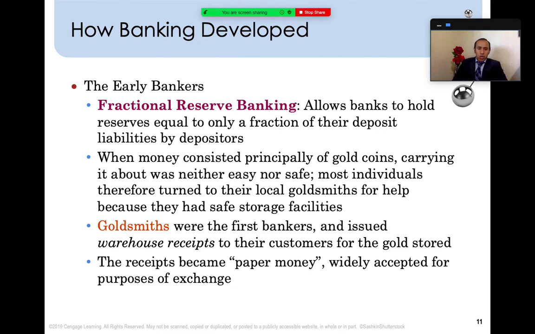In the early establishments of banks, all banks were allowed to hold reserves, meaning when depositors went to the local bank, they would deposit an X amount of gold or an X amount of commodity, or in this modern time frame, deposits.